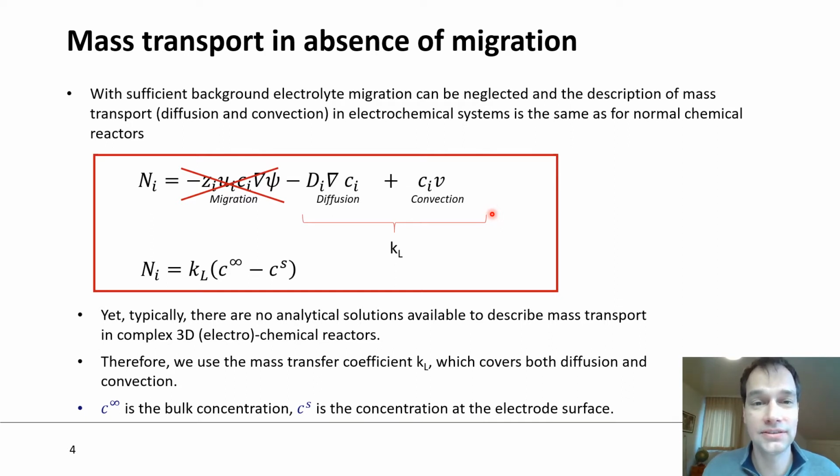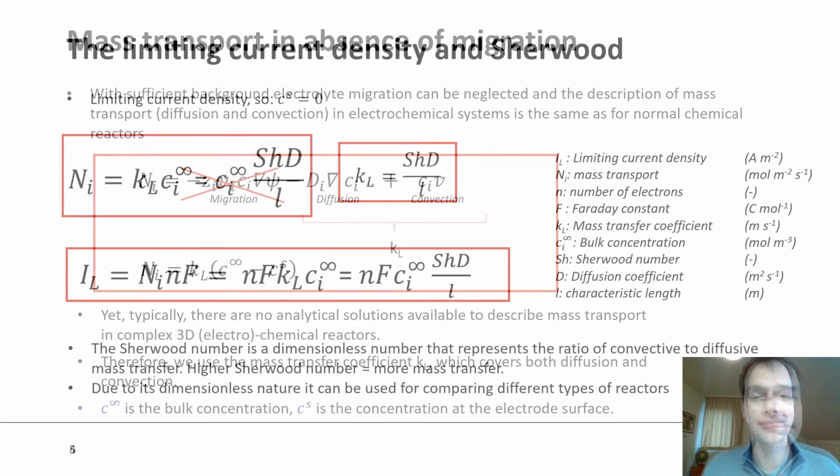So in practice, in chemical engineering, we make use of a mass transfer coefficient, KL, which describes both diffusion and convection. And then, if you write it like that, your flux is the KL multiplied by the concentration in the bulk minus the concentration at the electrode surface.